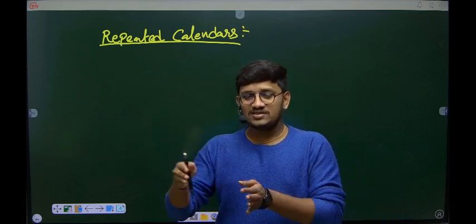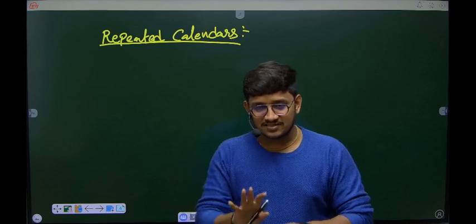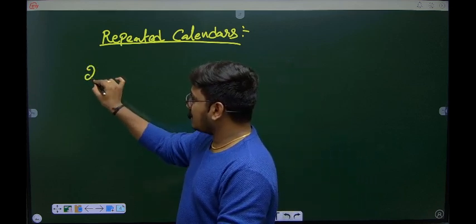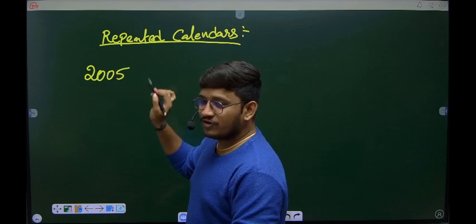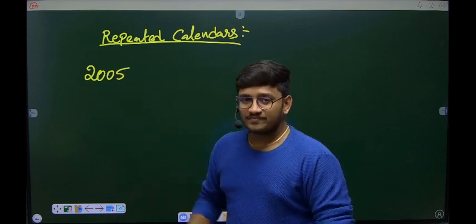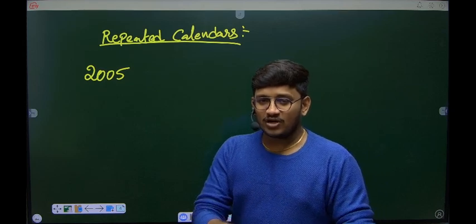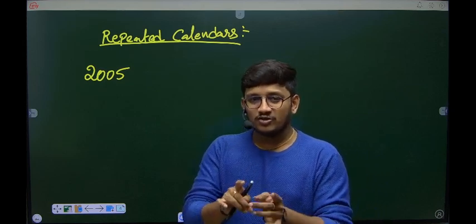So how can we find the repeated calendar in just seconds? Simple logic. Let me take a small example. Listen carefully, everyone. 2005. It all depends on the remainder when you divide by 4.